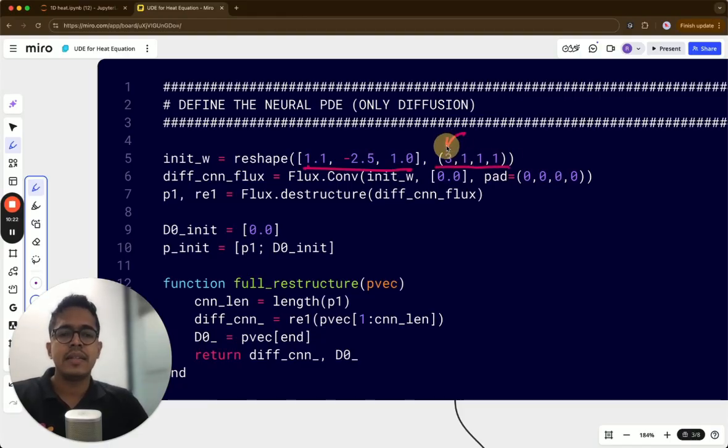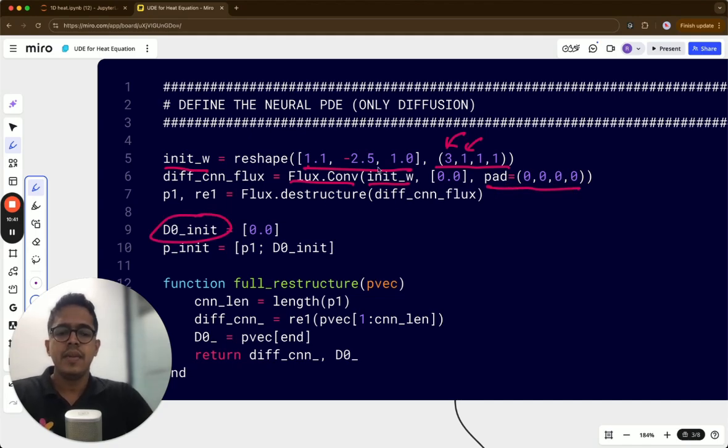Then this defines the number of input channels. So kernel size is 3, kernel stride, number of input channels. These are the initial weights. Then this is the part where we define the neural network, Flux convolution, where we pass the initial weights. We use a D0 initial and padding. This is the initial padding.